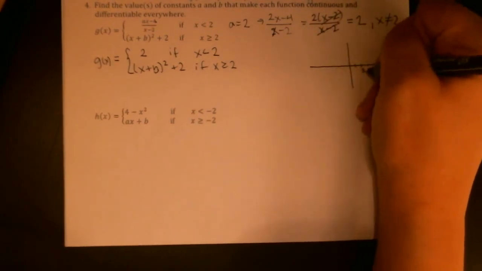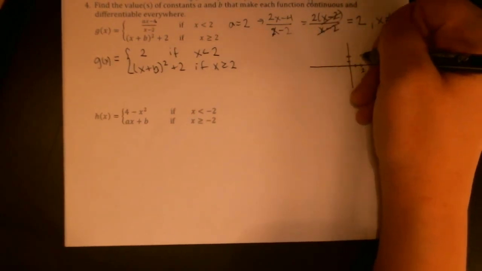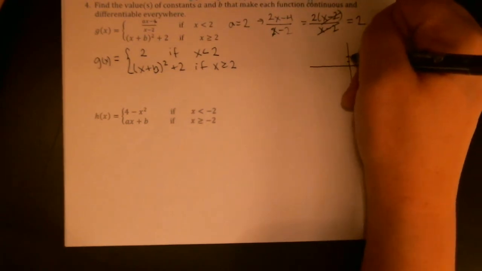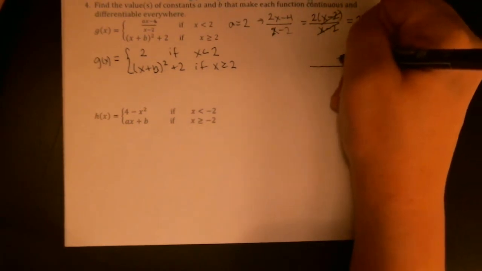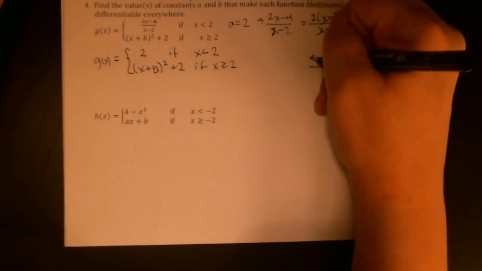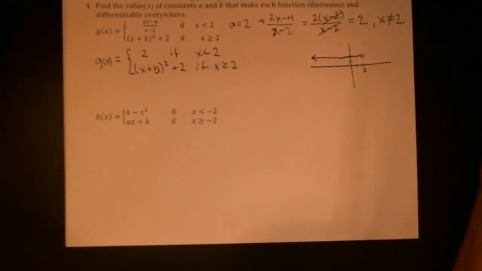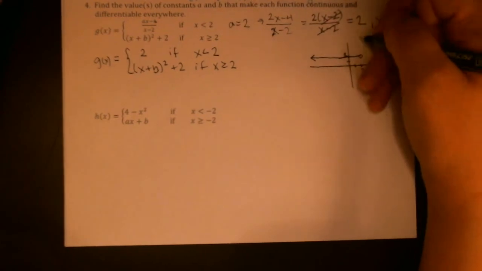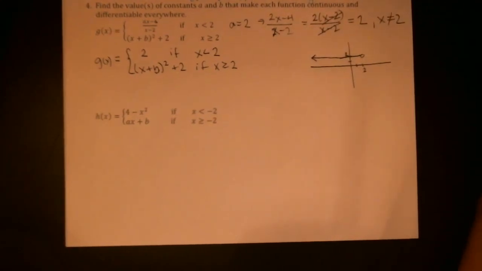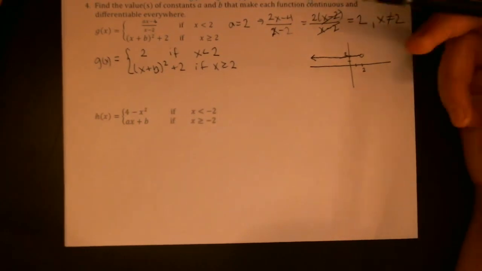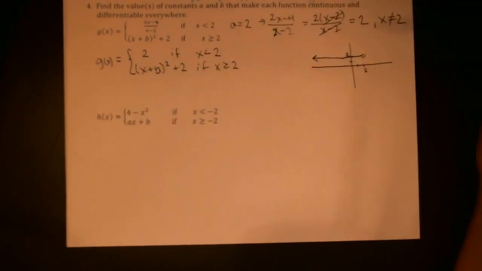Okay, so 2, 2. So this is what I know I have. I know I have a horizontal line at y equals 2 that cuts off at x equals 2 with an open circle. So again, really two things here. One is I need to make this meet up, and then I'm also hoping to make the slopes match up.